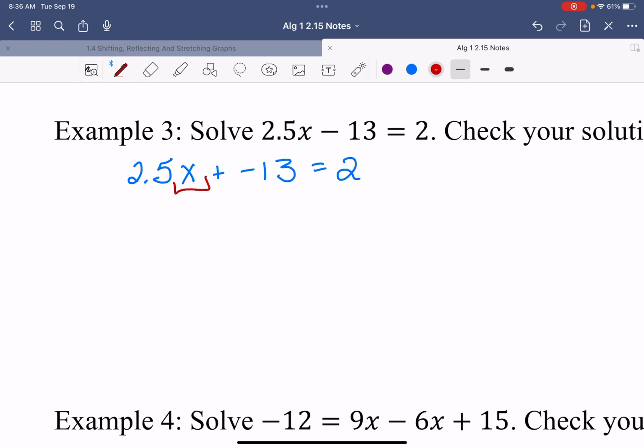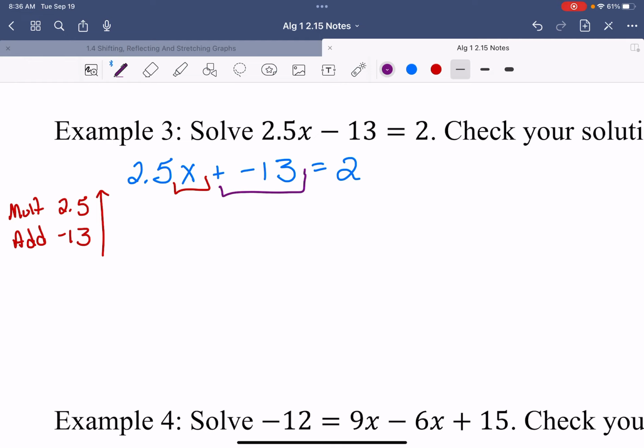If I knew what x was, the first thing I would do to it is multiply by 2.5. Order of operations, do the multiply first, and then I would add a negative 13. To undo it, I need to undo it in the backwards order. So the first thing I have to undo is the add the negative 13.